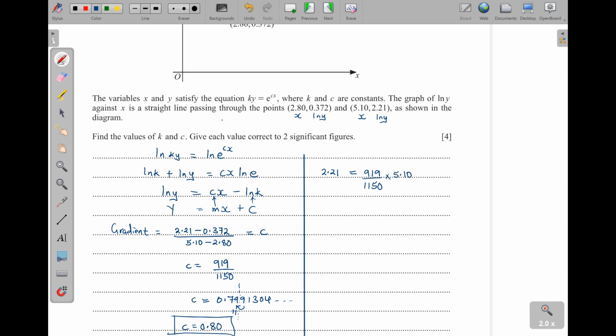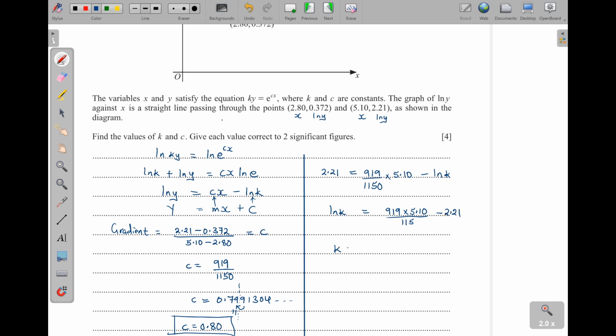And then after that, we have minus natural log of K. So in other words, bring this one this side. So we shall have natural log of K, which is equal to 919 times 5.10 out of 1150. When this one crosses, it's a minus. So we have minus 2.21.